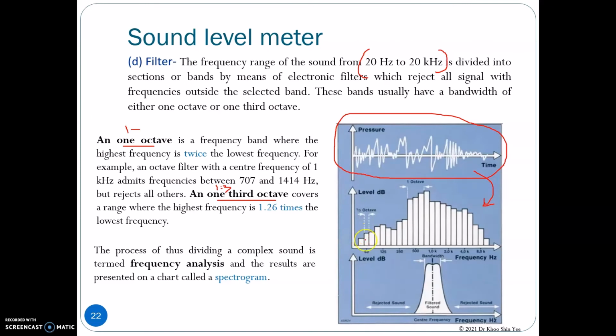To obtain the sound pressure level at each band here, from 1 up to 30 bands for a 1/3 octave, we need a bandpass filter that has the bandwidth equal to either 1 octave or 1/3 octave. Outside this bandwidth, the remaining signal will be rejected.